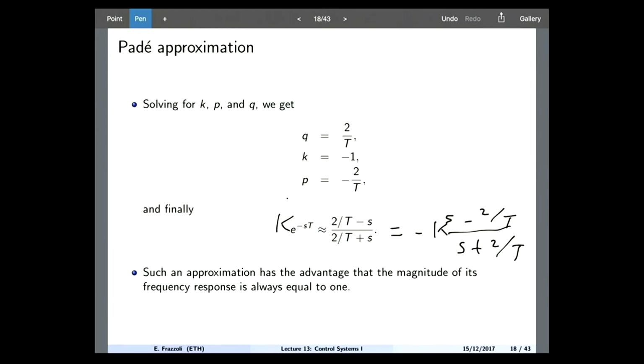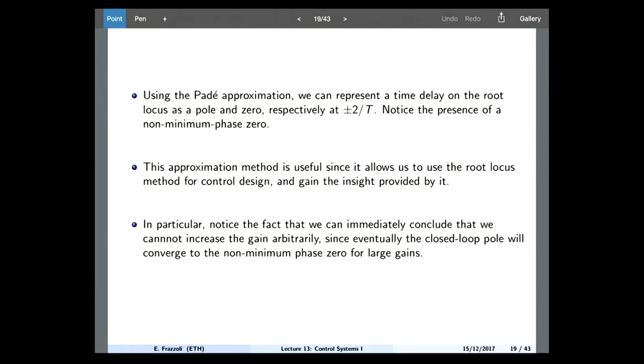You can see it from here, right? So you just multiply this function by k. There is already a minus in the transfer function, so a positive k will give you a negative root locus gain. Okay? So when you plot the root locus, then you have to look at the negative root locus. Okay?